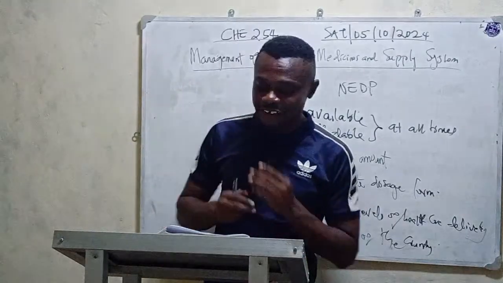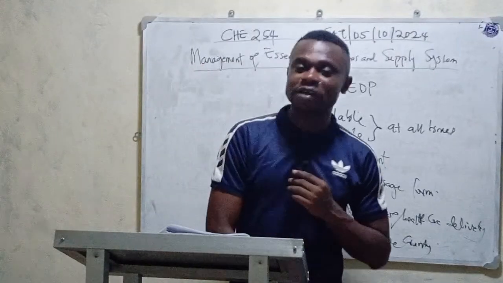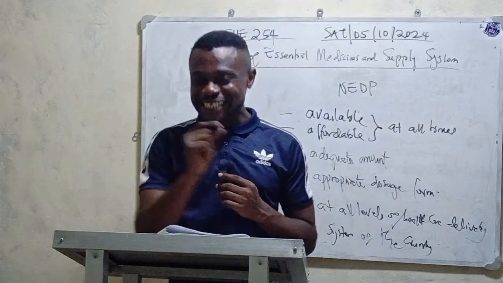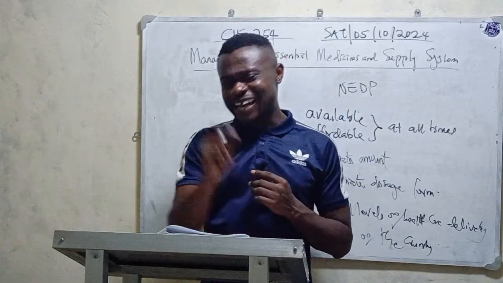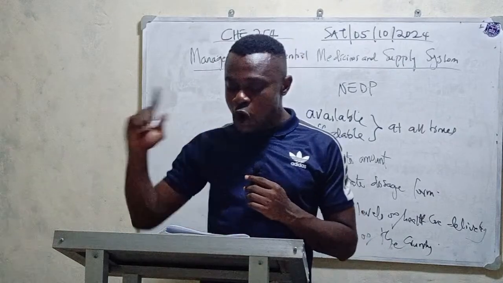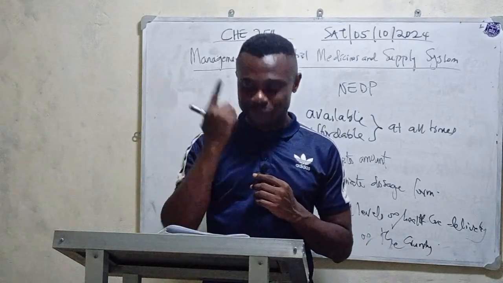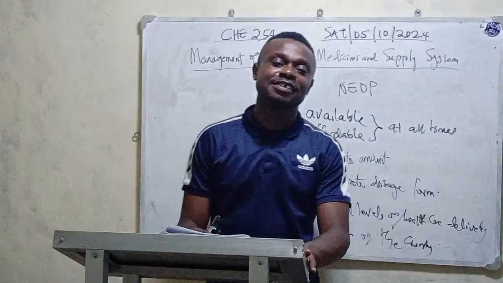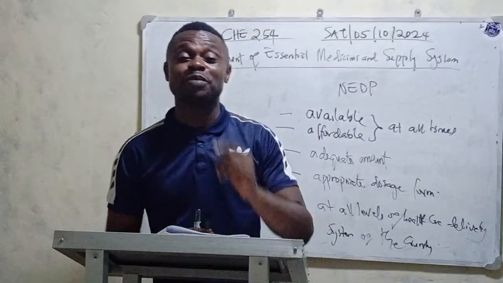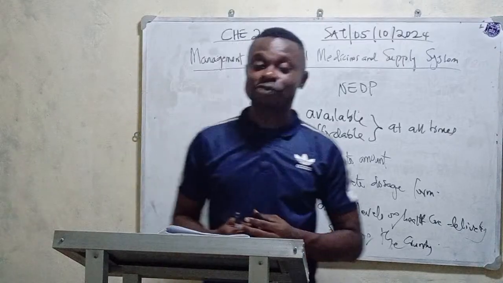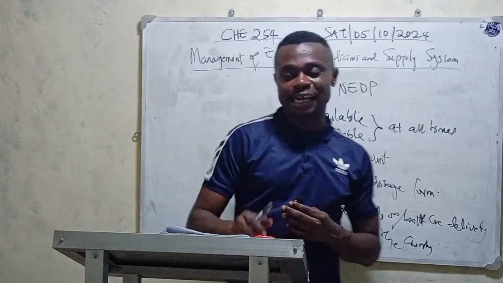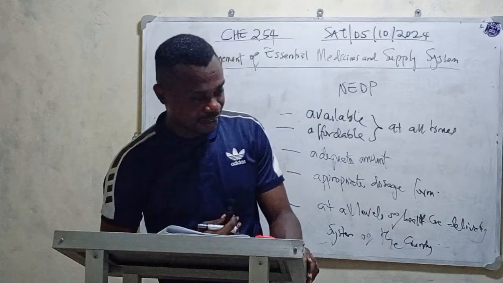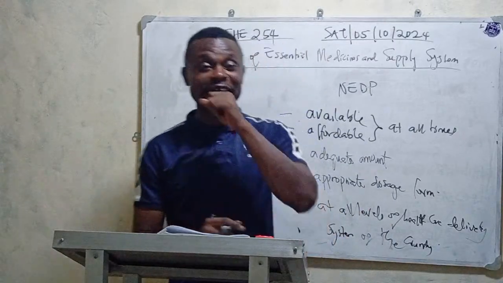So supply system refers to the methods, equipment, facilities, and people employed in the timely and accurate provision of all items required in a program or a process or even a project. So I have succeeded in defining essential medicine, management of essential medicine, and supply system.